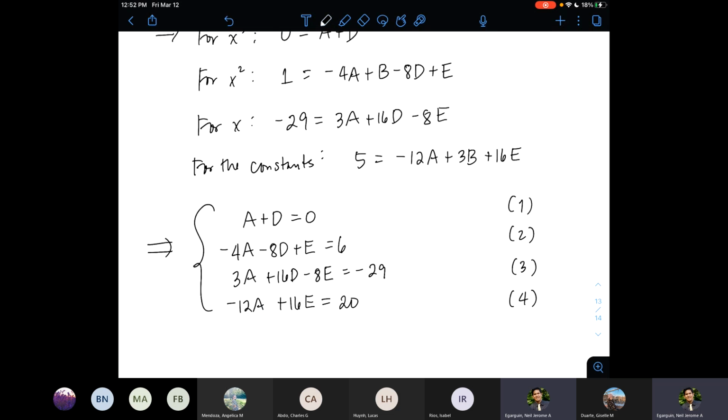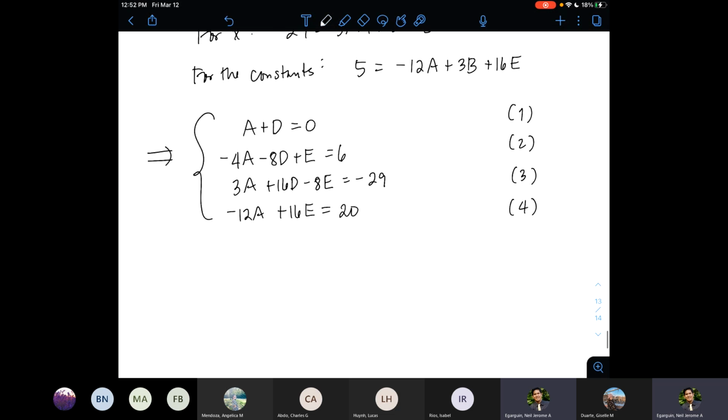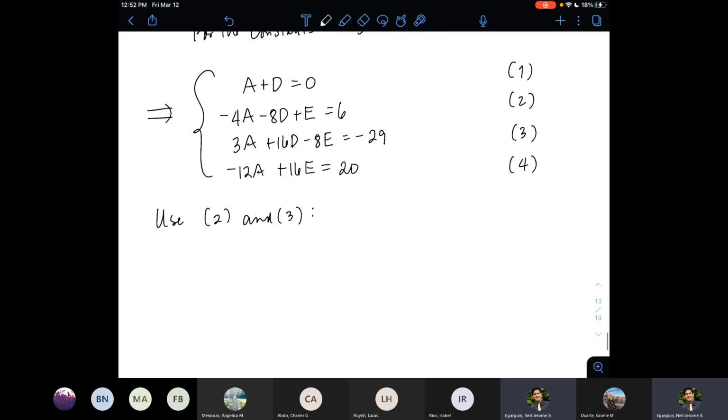Okay. Now let's try to finish it quickly. Now look at equations 2 and 3. Okay. So we have, let me just copy them here, because they both have the same variables, so that's why I want to use them.